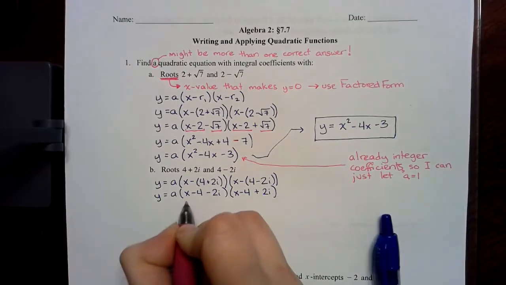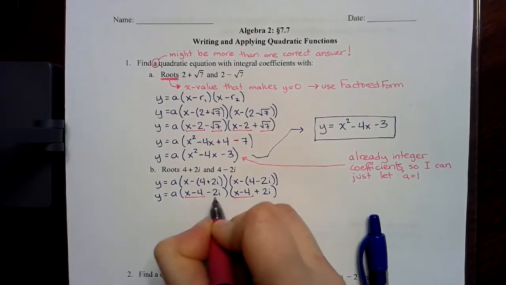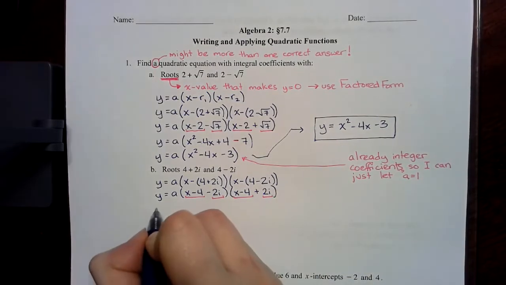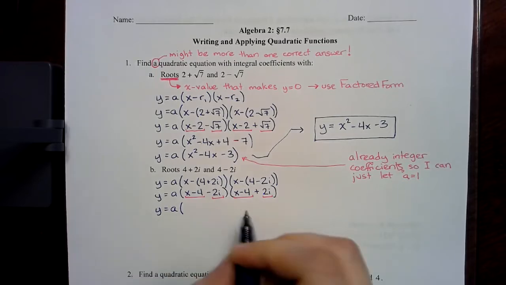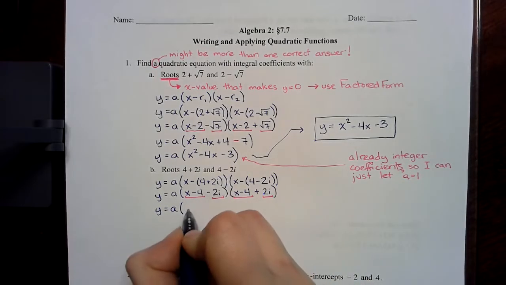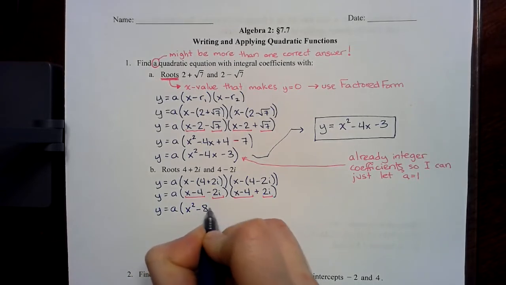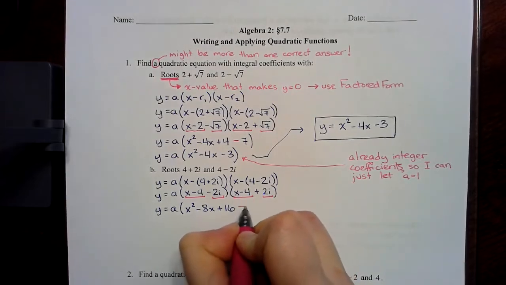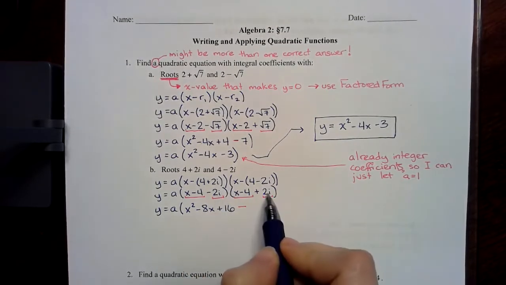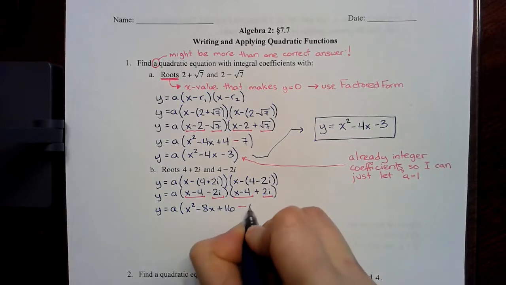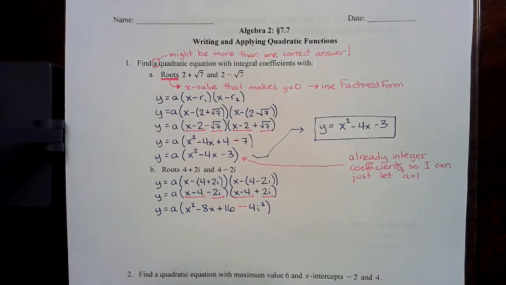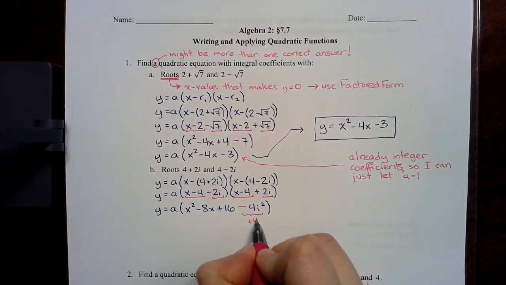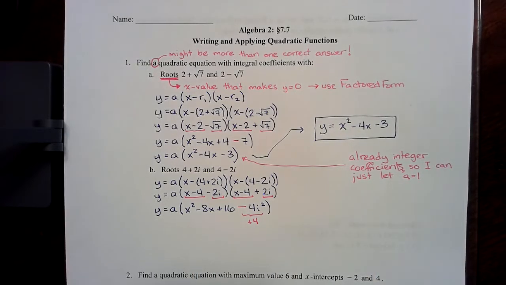And again, I see that I can write this as a difference of squares. X minus 4, quantity squared, will be x squared minus 8x plus 16. Then I need to subtract 2i, quantity squared, which is going to be 4i squared. Remember that minus 4i squared is the same as plus 4.